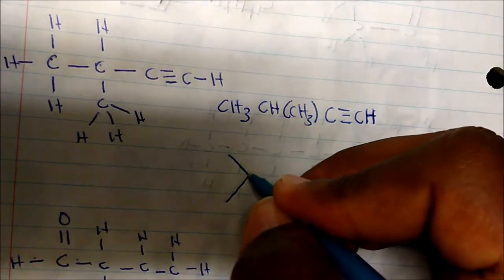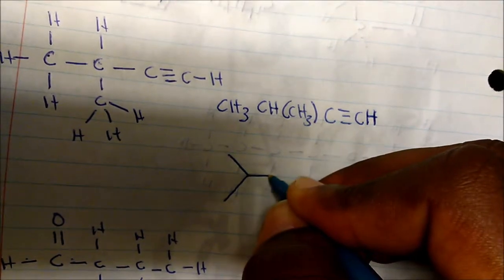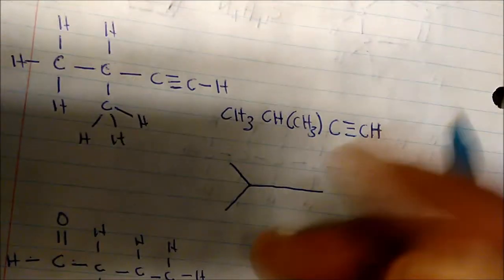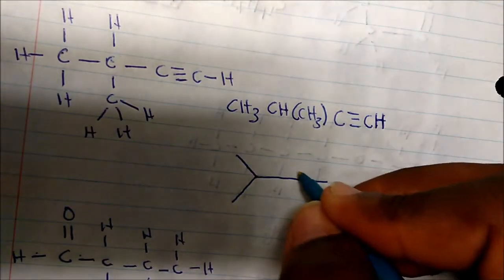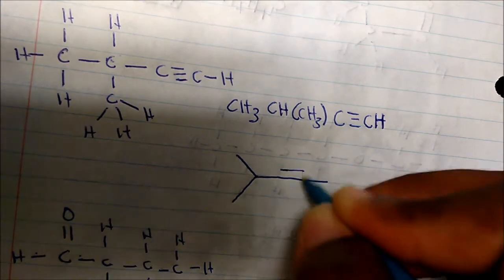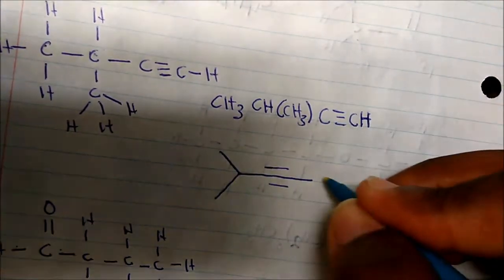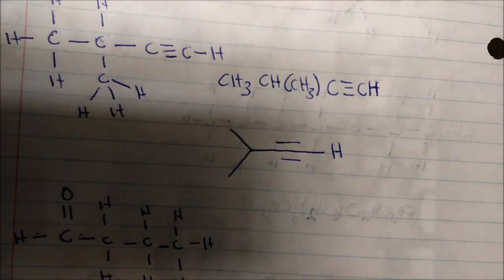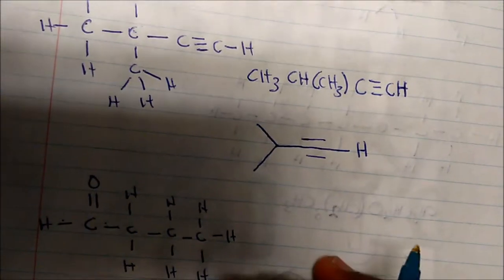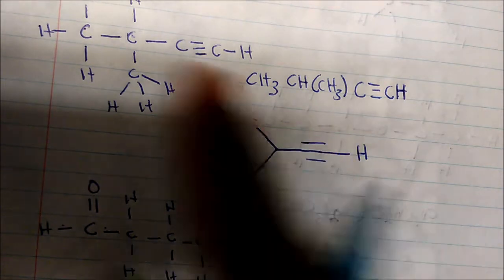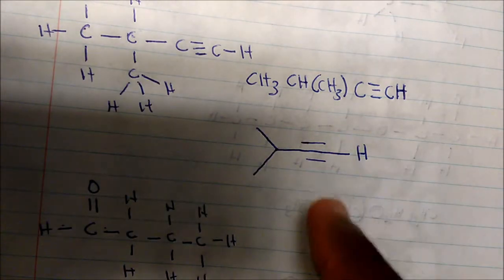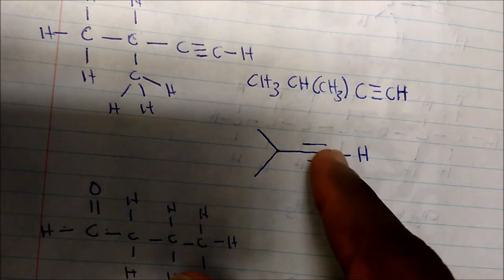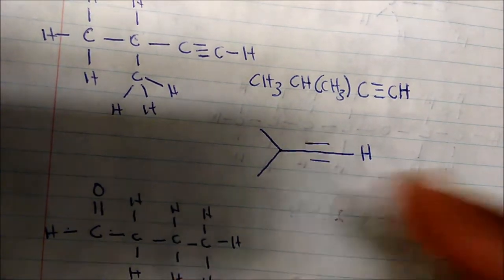And this carbon is bonded to a carbon, and I'm going to explain this in a bit. It has the hydrogen. Now, some of you might say, what is going on? For an alkyne carbon-carbon triple bond, the end of each bond represents a carbon.